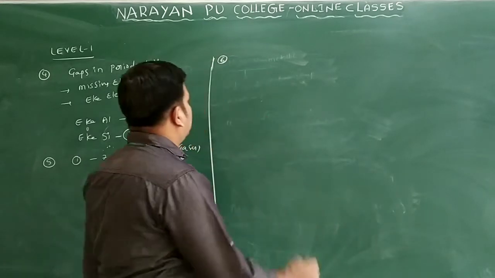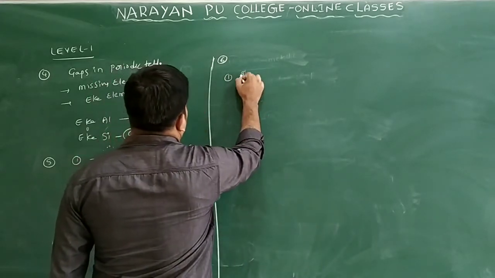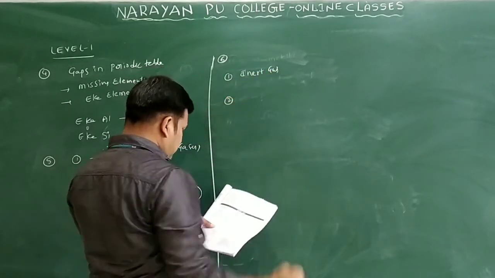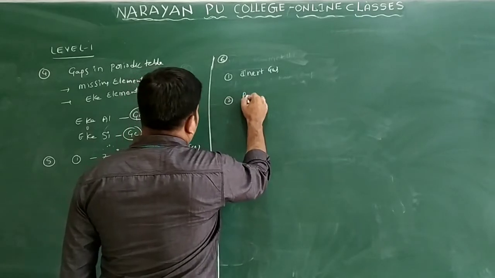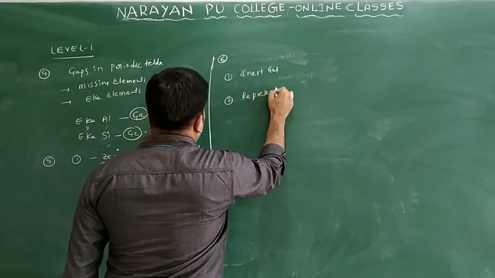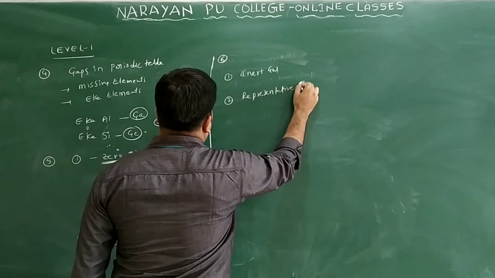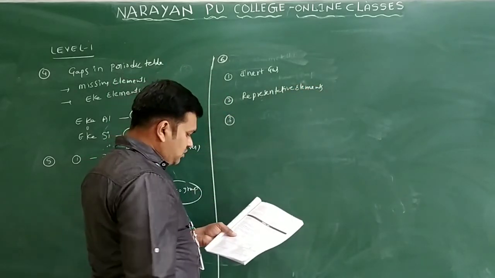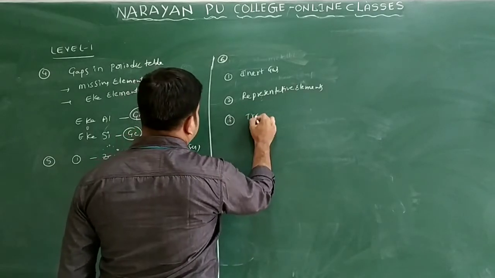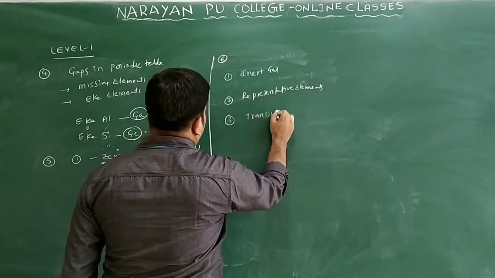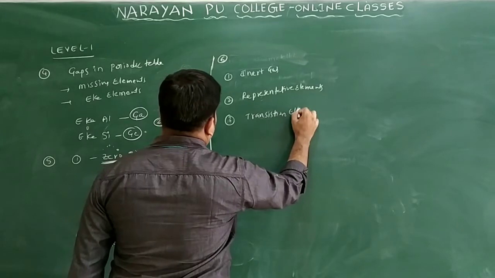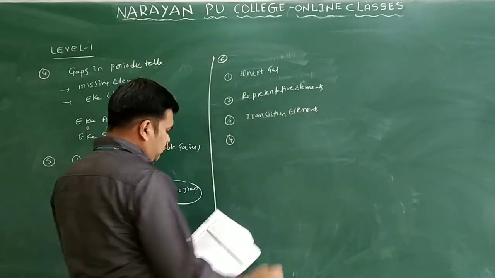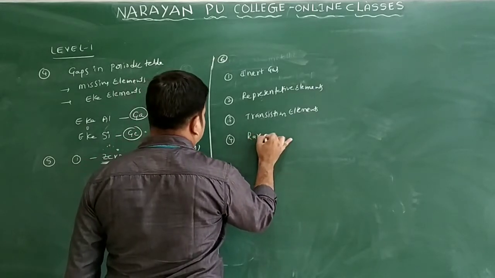The first option is inert gases, the second is representative elements, the third is transition elements, and the fourth is rare earth metals.